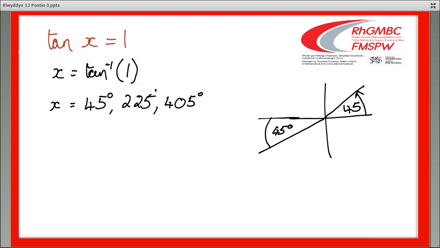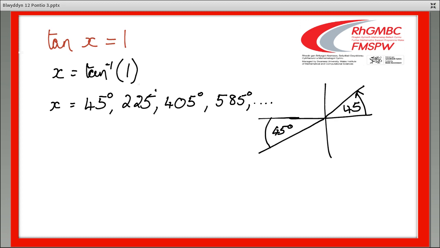The next angle is going to be 3 lots of 180, 540, plus 45, so it's 585 degrees, and so on. Again, it continues, goes on and on and on.